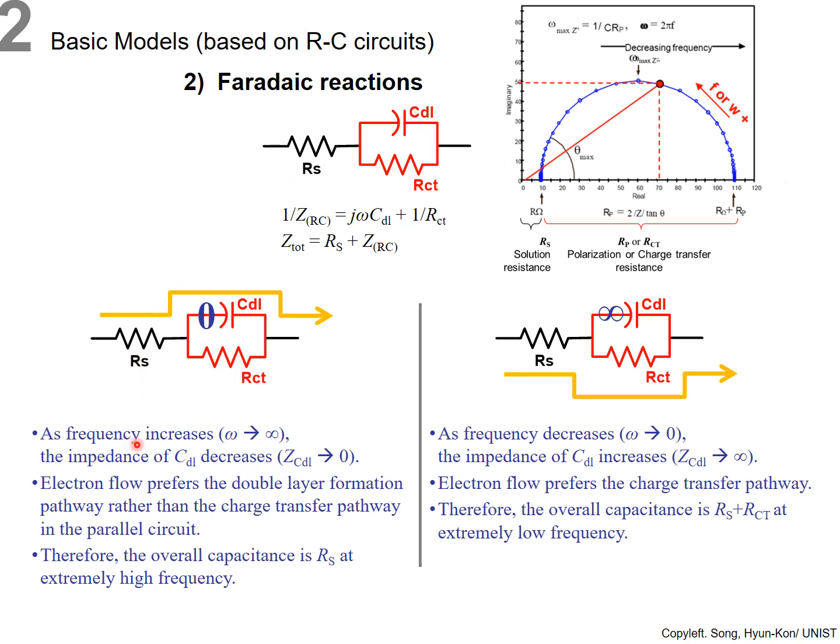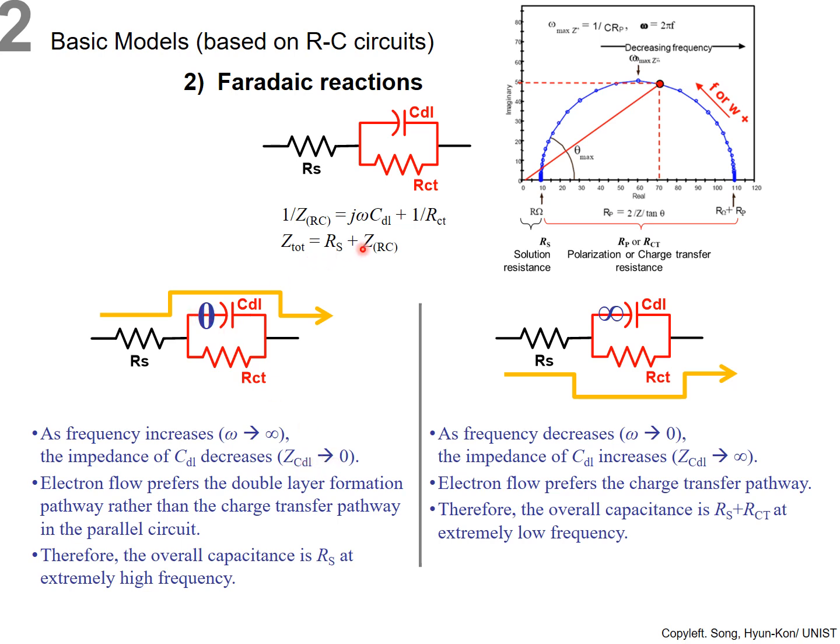As frequency increases, that is to say omega or 2 pi f is going to infinity, then the impedance of capacitance decreases to zero. So the impedance of the capacitor for the double layer is going to zero.